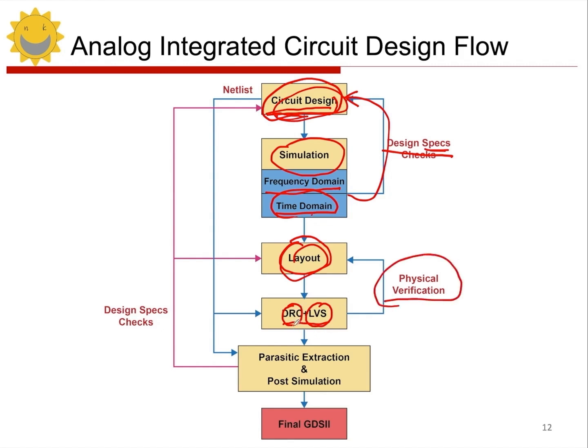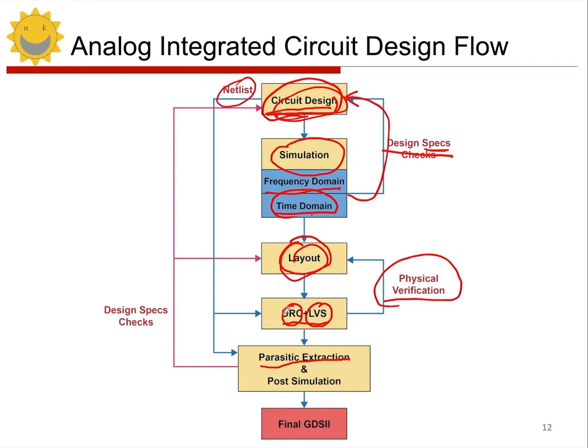After passing physical verification, you need to perform parasitic parameter extraction. This step involves extracting parasitic information from the layout and mapping it back to your original schematic. So, you can see that after completing the initial schematic design, a netlist is generated.